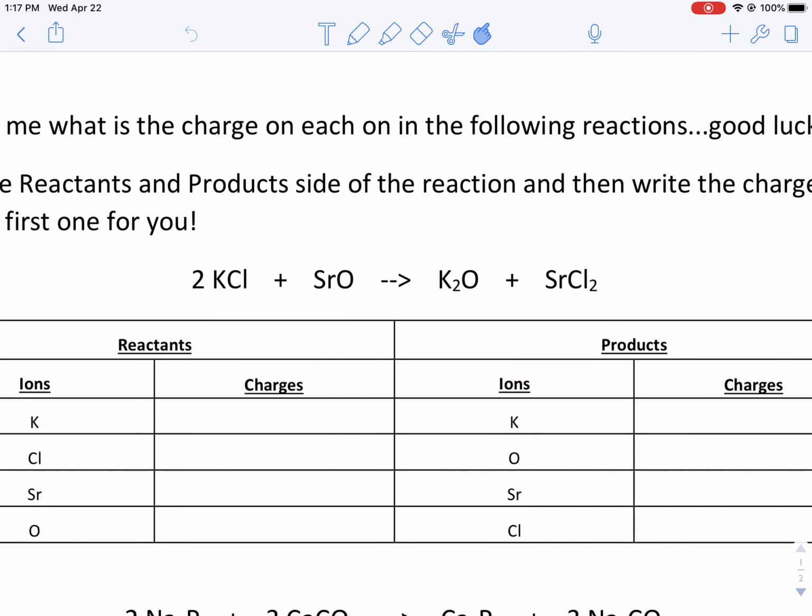Whenever I have a reaction like 2KCl plus SrO yielding K2O plus SrCl2, and I want to figure out what the charges are, I want to go to the ions that I know what the charge is. Your group 1, group 2, group 16, group 17 elements are all going to basically have the charges that they would have based on the periodic table.